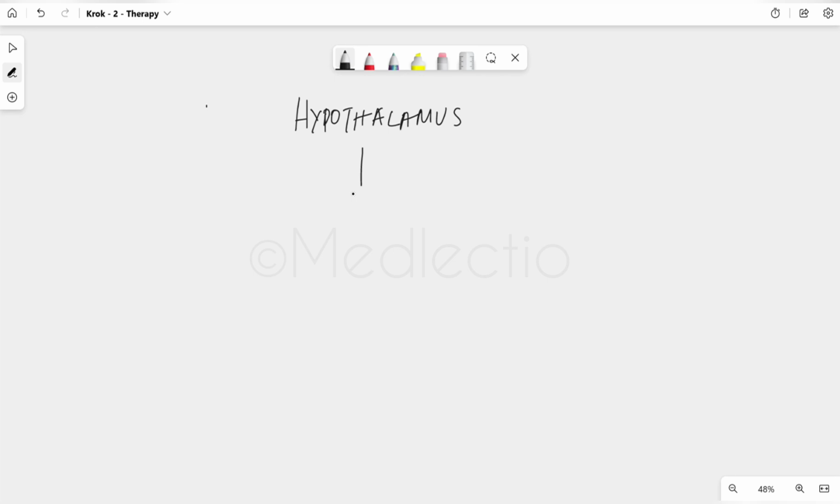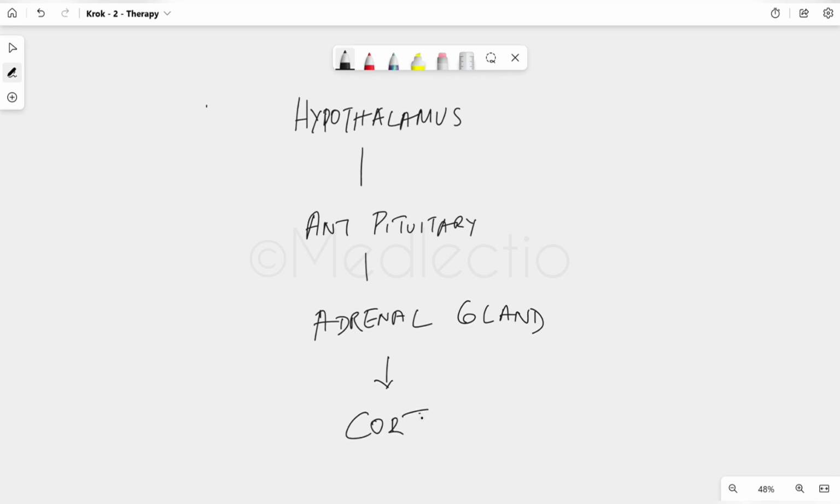Then from there, the anterior pituitary. Then the signal comes to the adrenal gland, and then release of cortisol.